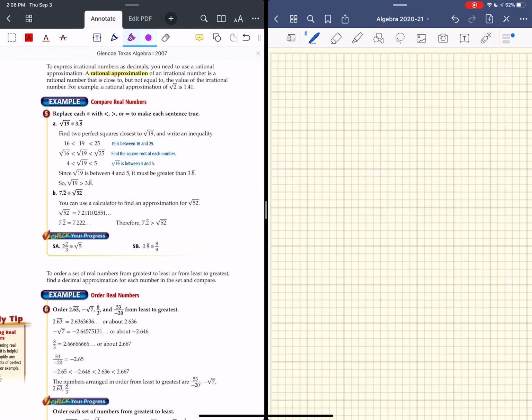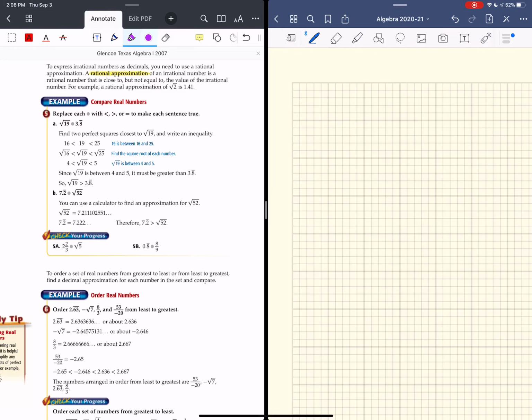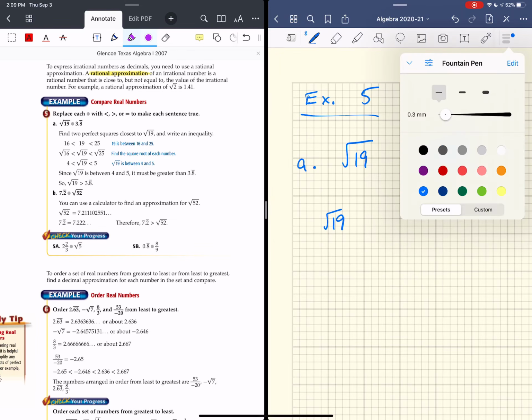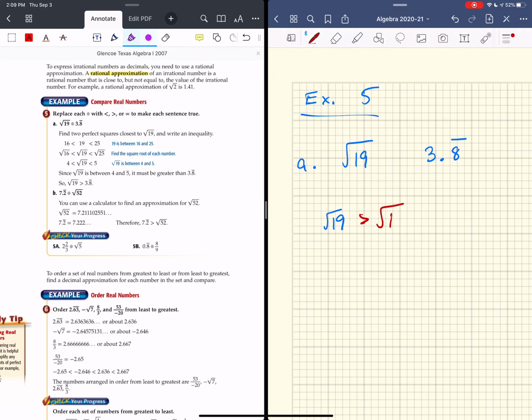So on example 5, we want to say between two real numbers, which one is larger? And there are a few different ways we could end up doing this. I think the easiest way is to approximate both of the numbers as decimals and then just contrast and compare. So for example, square root of 19. Well, I know that the square root of 19, whoops, gave it away a little bit. I know that the square root of 19 is greater than the square root of 16, right?